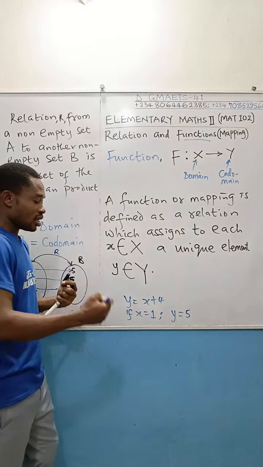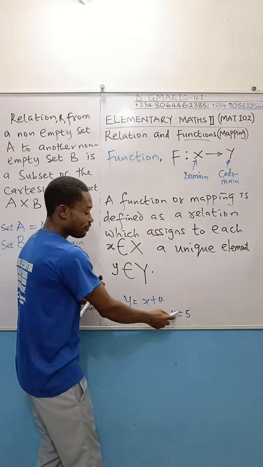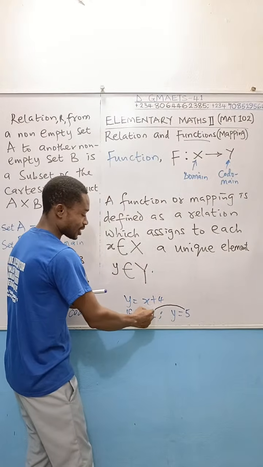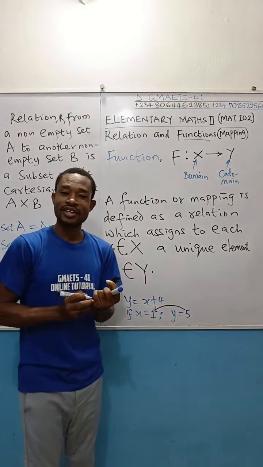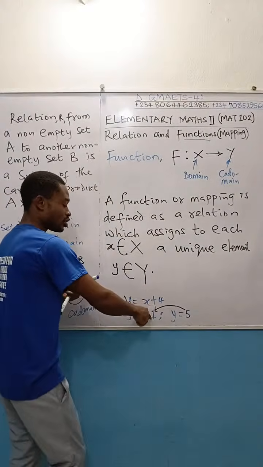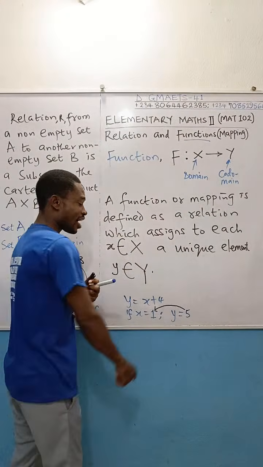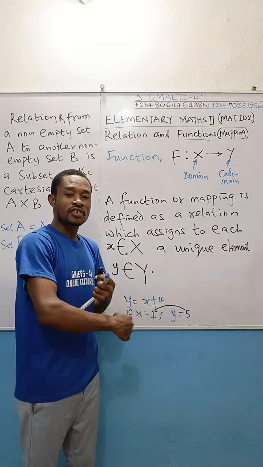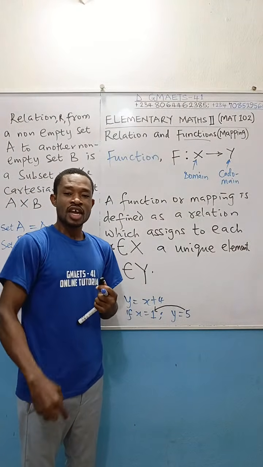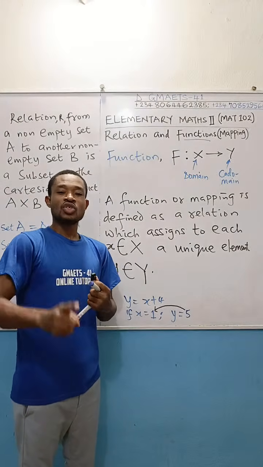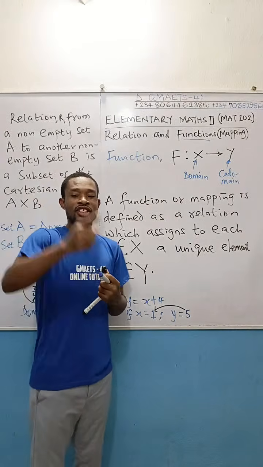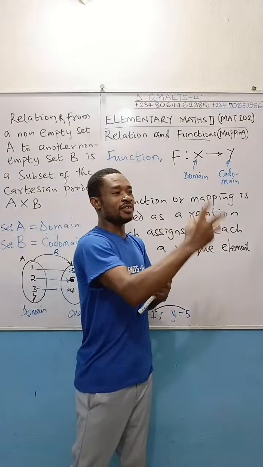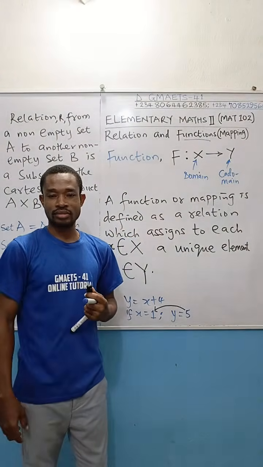Did you notice that 5 has been assigned to 1? That means 5 is a value given to 1. This is what a function will do for you. A function will assign to each element in the domain an element from the codomain.